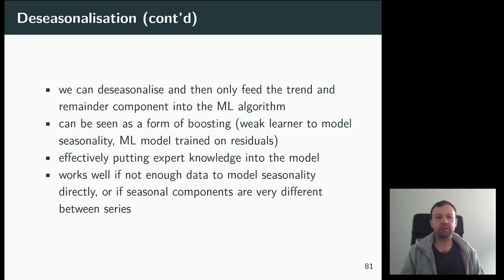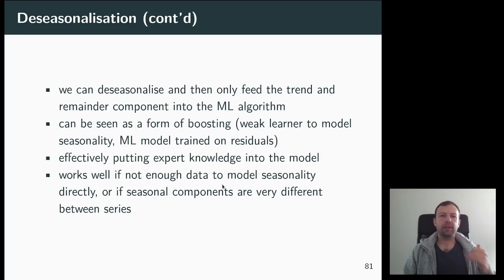So what we have seen in our experiments is that this deseasonalization before feeding the data into the machine learning algorithm works well if you just don't have enough data to model the seasonality directly. Or if you have a data set in which the seasonality in every time series looks just vastly different. Yeah.